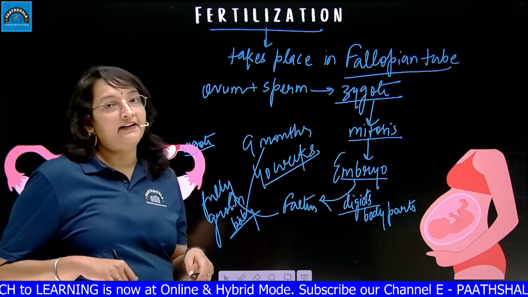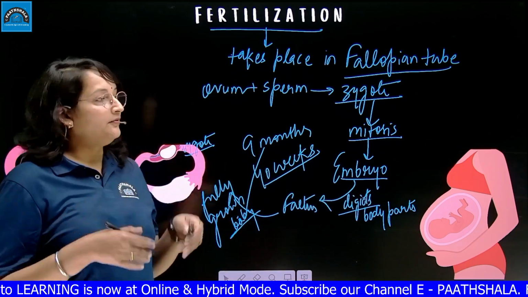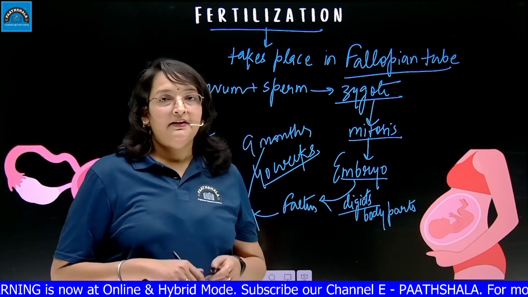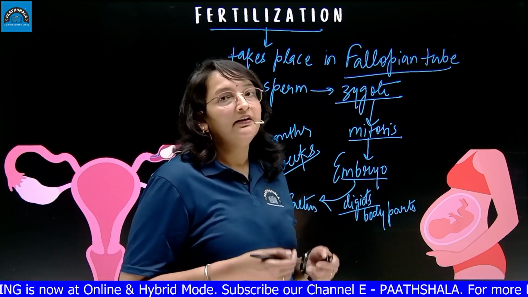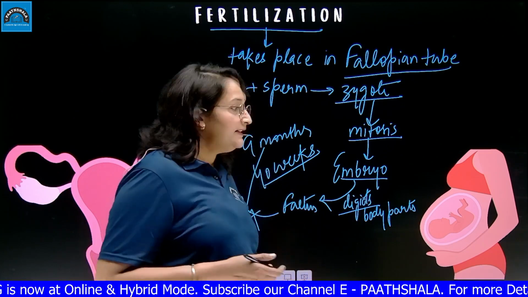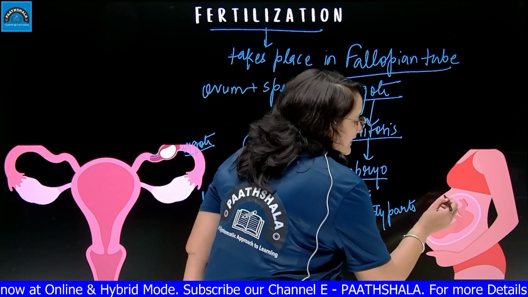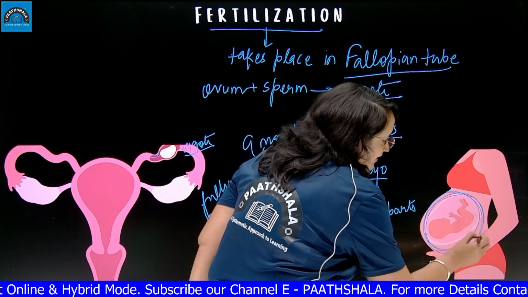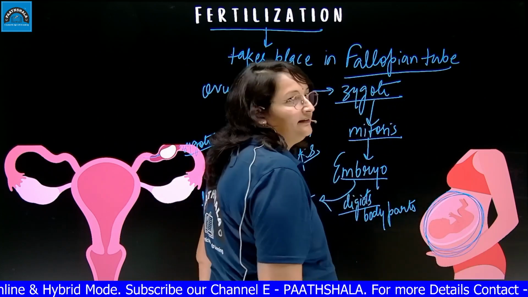Cervix and the vagina make the birth canal, and from here the baby will come out of the female body. So there will be delivery of the baby. Now during this time, what happened? For these 9 months, the baby is in the womb of the female, right?